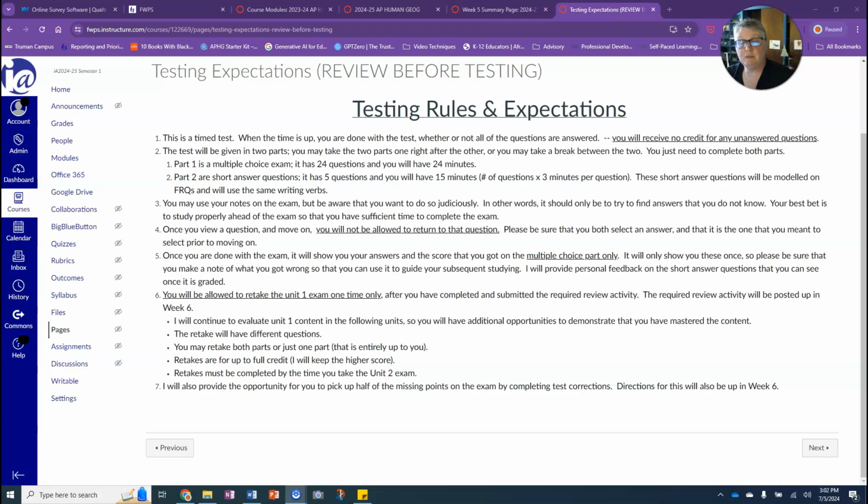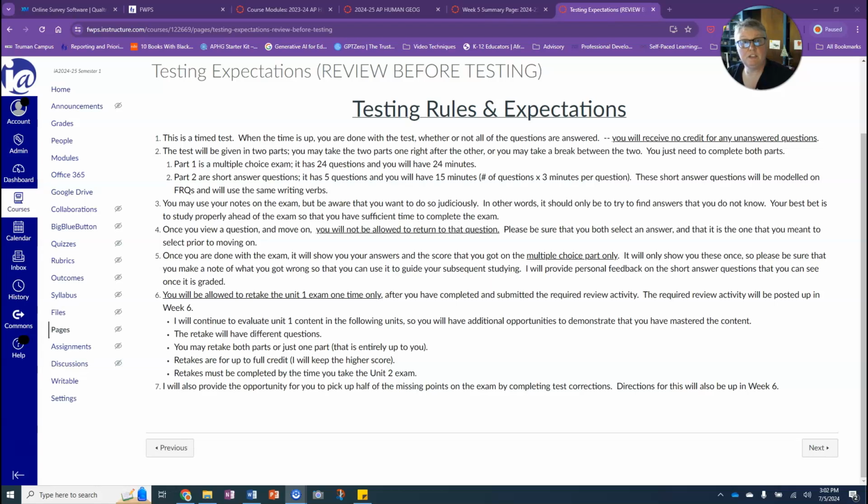So even if you end up not doing the test corrections, go back and look at the things you got wrong. Make sure you understand why the right answer is correct. For the short answer questions, I will provide personalized feedback directly on the assessment itself so you can see what you got wrong and how to fix it once it's graded.